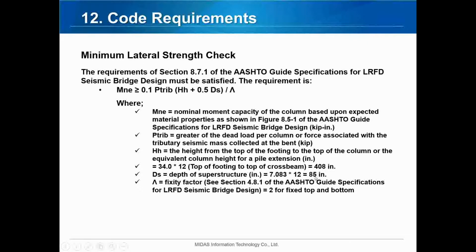In our case, that was 85 inches, and all that divided by a fixed factor based on section 4.8.1 of the guide spec. For columns, we had 2 for top and bottom being fixed.